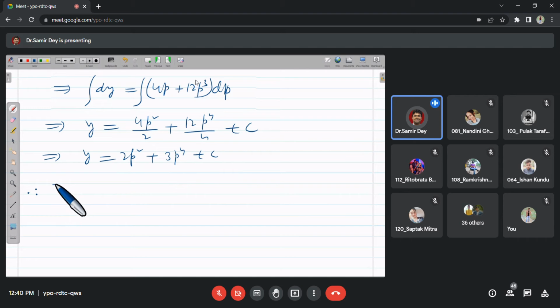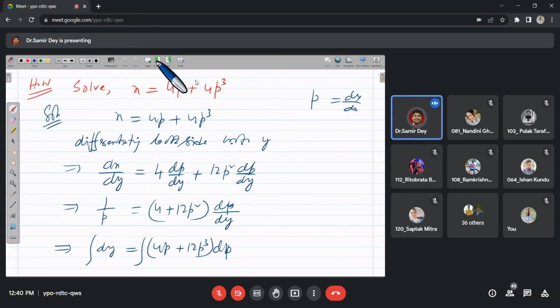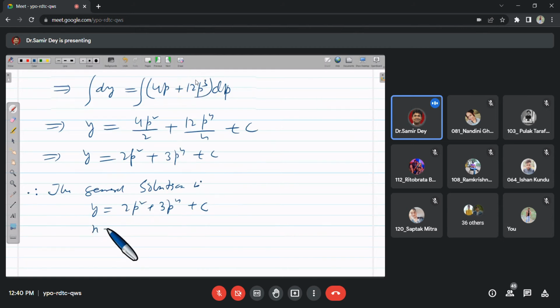So therefore the general solution is, first to write down y = 2p square plus 3p to the power 4 plus c, and what is given in the question, x is equals to 4p plus 4p cube. That's all.